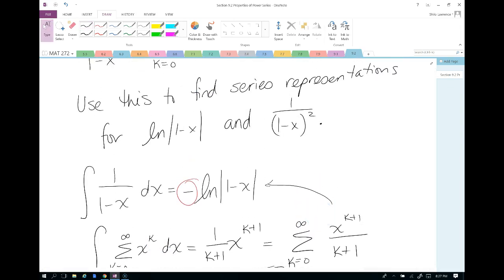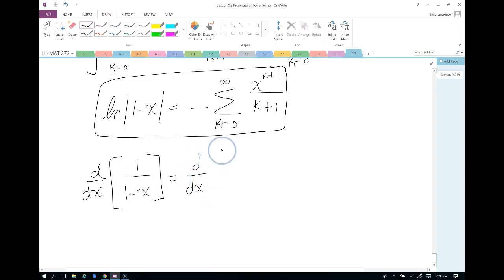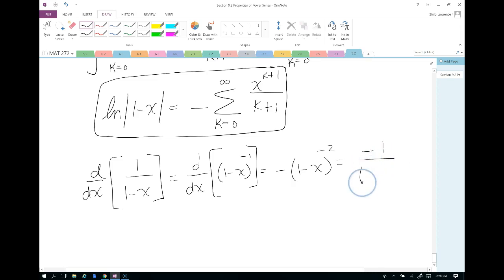Now for 1 over 1 minus x squared, the derivative of 1 over 1 minus x, if you wanted to bring it up to the numerator with a negative power, is negative of 1 minus x to the negative 2, or negative 1 over 1 minus x squared.